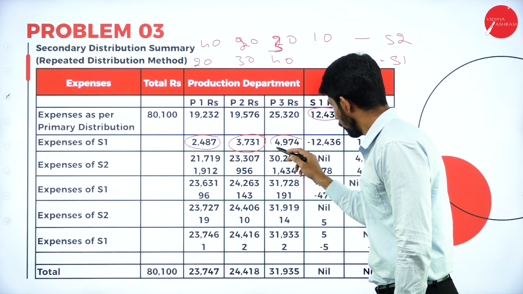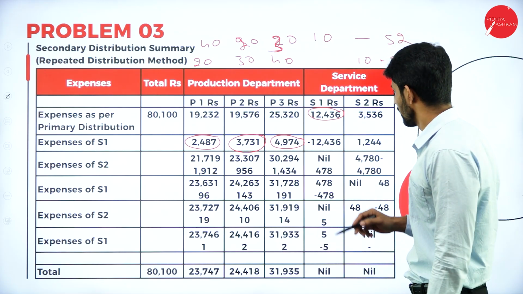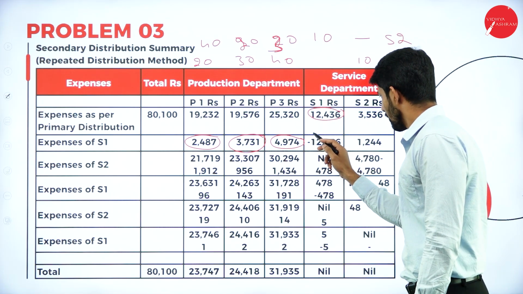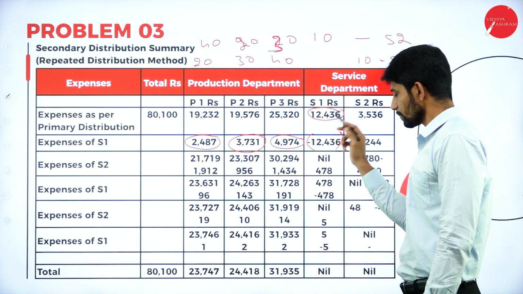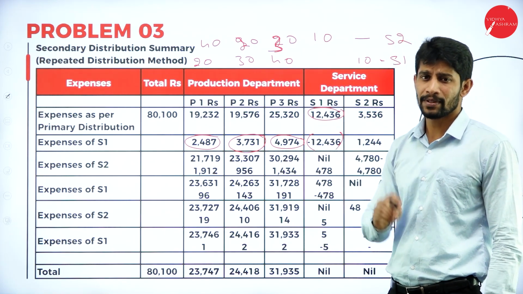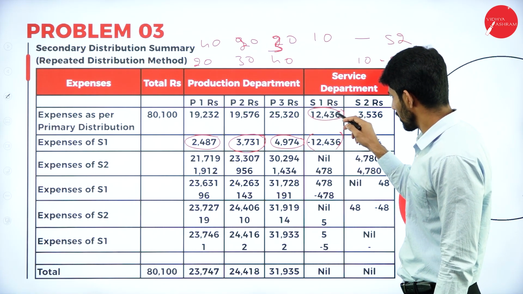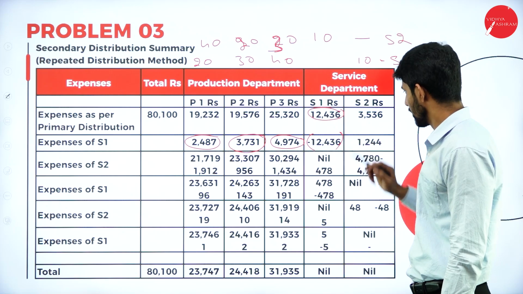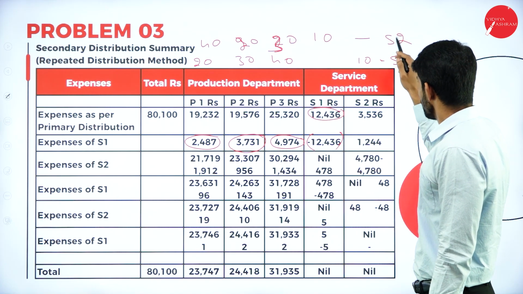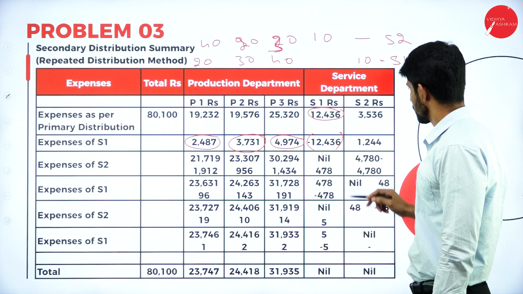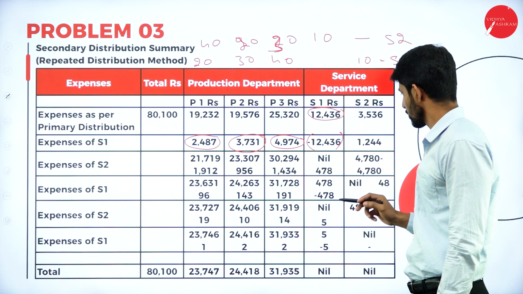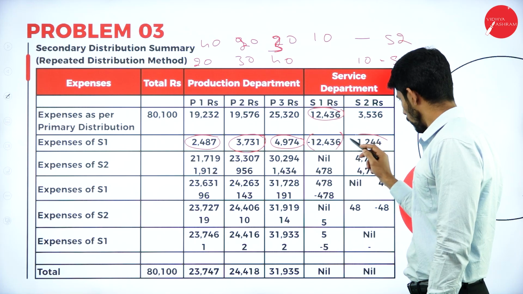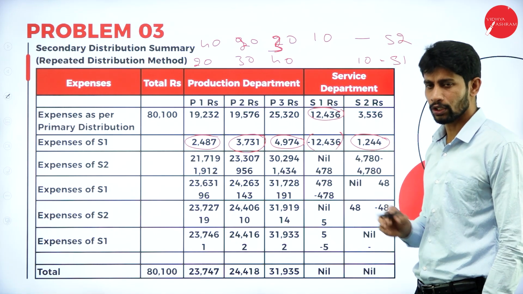You will get 4,974. Here, you are distributing to other departments, so here it will be a minus value. No expenses are distributed here because you are distributing this 12,000 among other departments. That is why here it is nil. And give 10% of this 12,436 to service department 2. You will get 1,244.